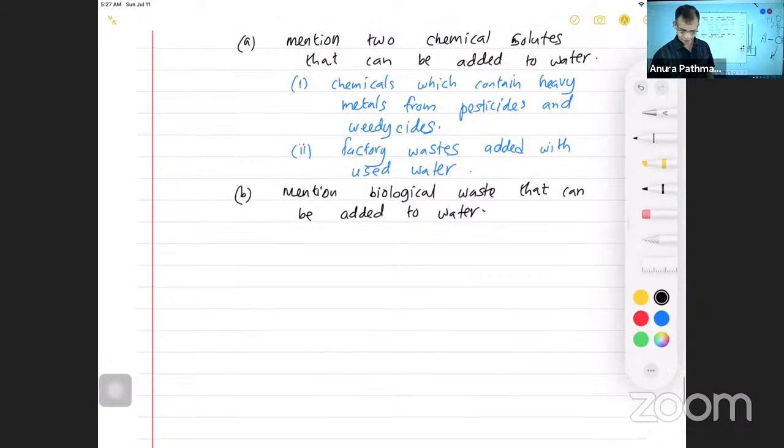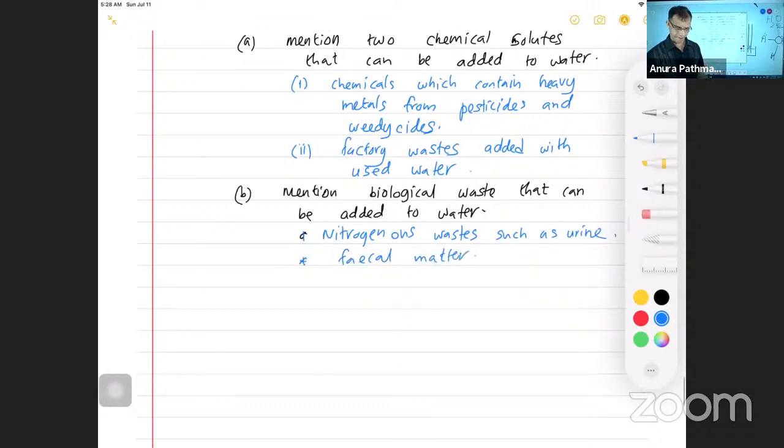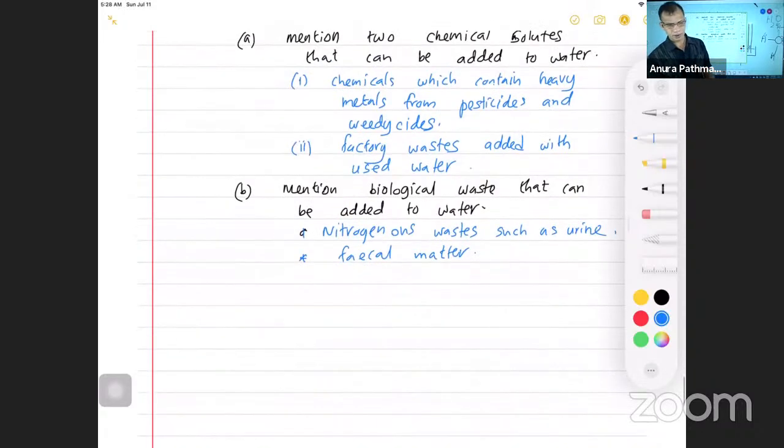You can add nitrogenous waste such as urea, urine, U-R-I-N-E. Another one, fecal matter. Fecal matter can be added. Okay.